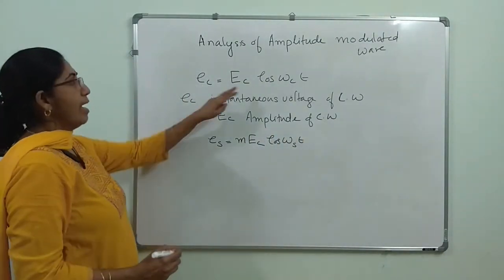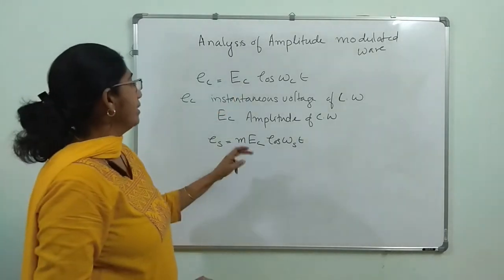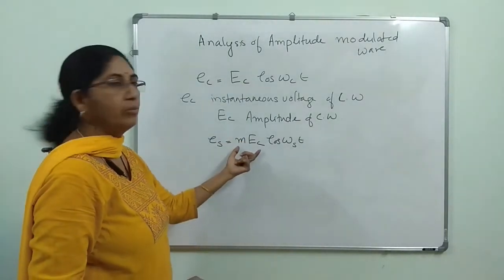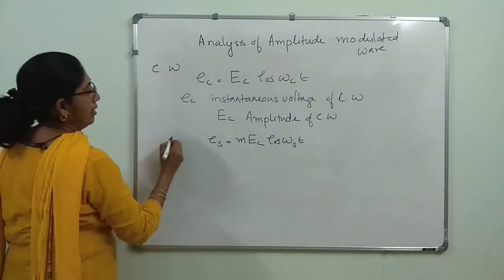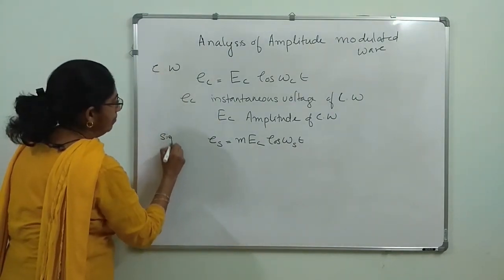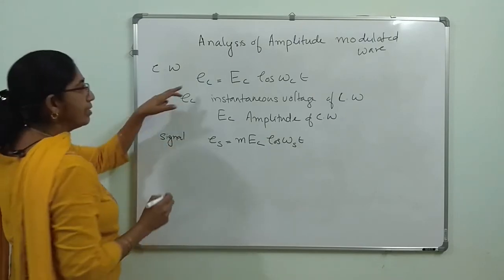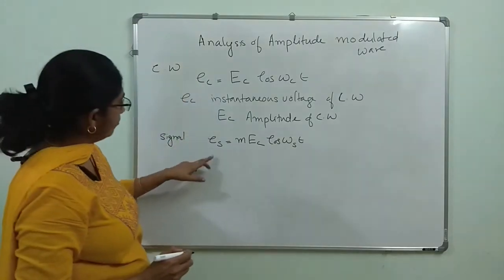Now the amplitude of the carrier wave is getting modified according to the signal. So this is the carrier wave and this is the signal. The instantaneous voltages of the carrier wave and that of the signal.